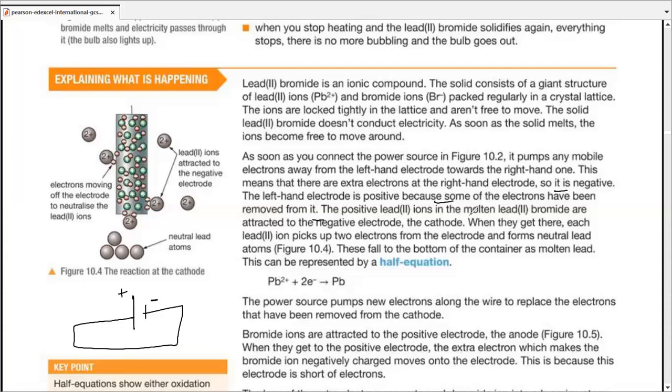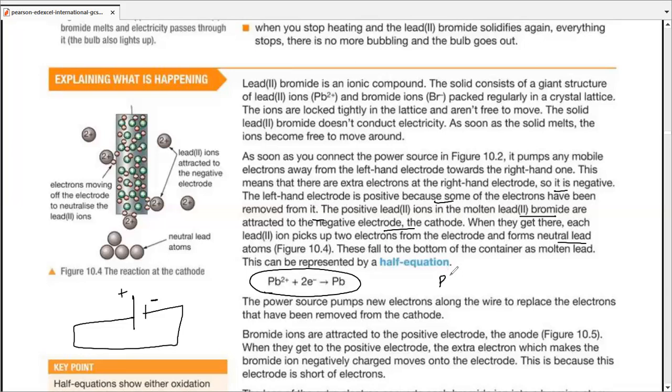The positive lead-2 ions in the molten lead-2 bromide are attracted to the negative electrode, as I explained earlier. And when they get there, each lead-2 ion picks up 2 electrons from the electrode and forms neutral lead. That's the equation over there. And it's pretty easy.